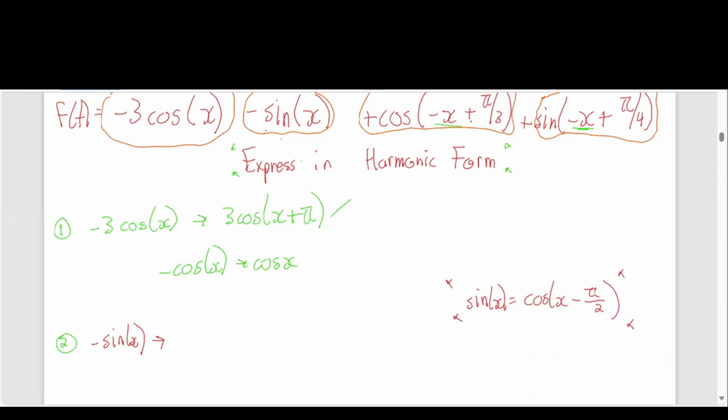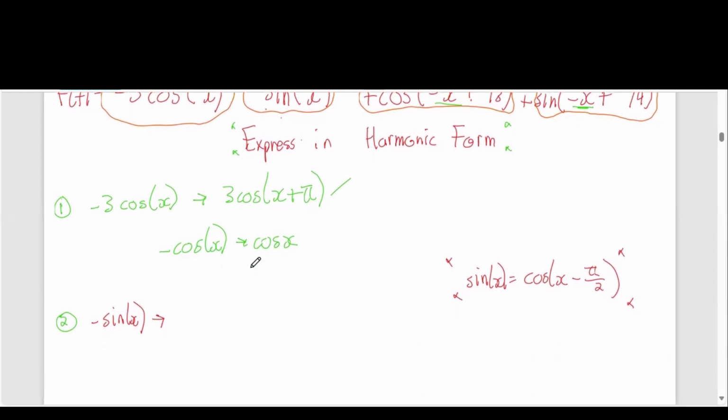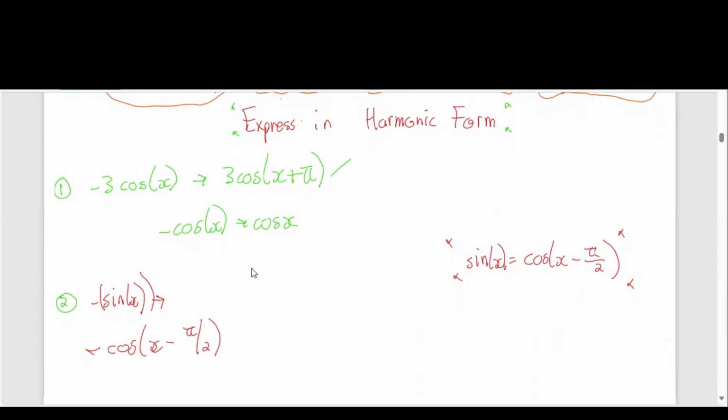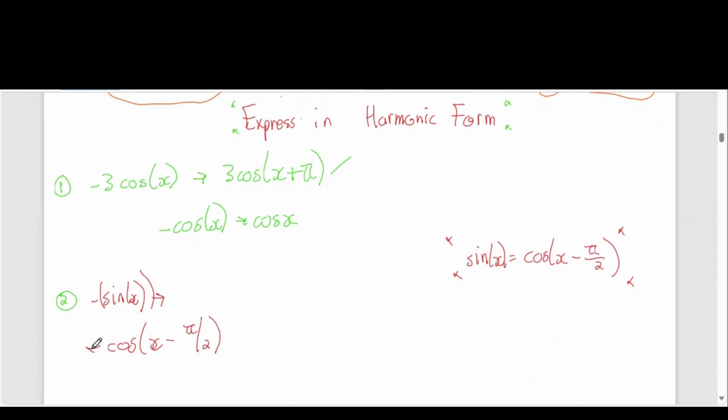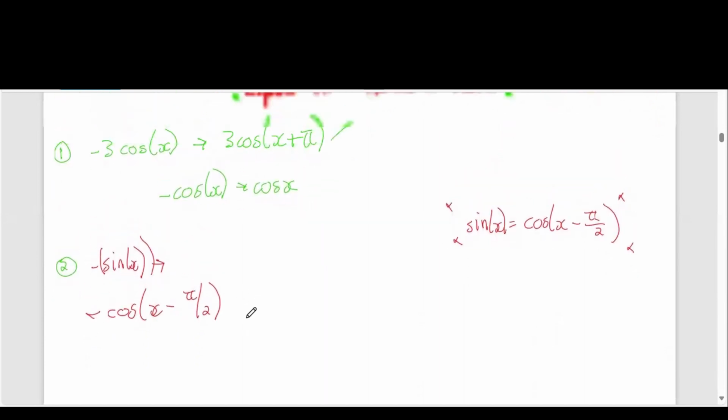So let's do it here. We'll leave the minus there, we just work with the sine. So we have a minus, and that will be cos x minus pi on 2. Just like before, we learned how to convert a minus cos to cos: you just add pi to the angle.